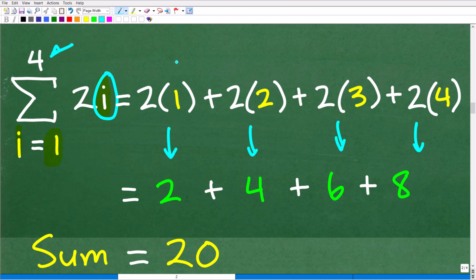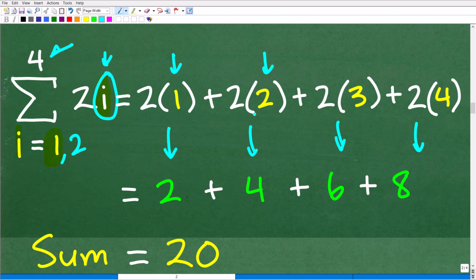All right, so the first number is 1. So that's going to be 2 times 1. See, this is 2I, that's multiplication. Then we're going to add that, because sigma notation means this is one term, and then you add the next term. The next term is when we index up. So now we go to 2, so we plug in a 2 right here.